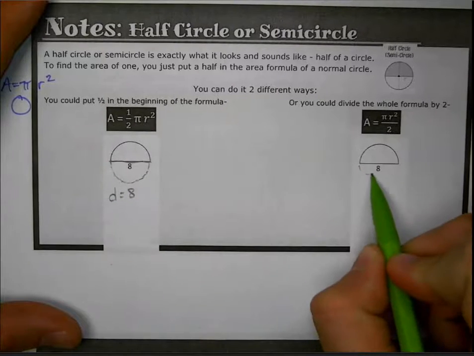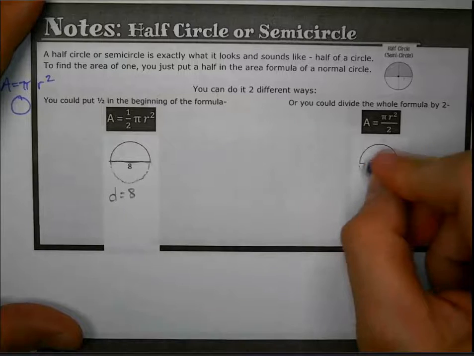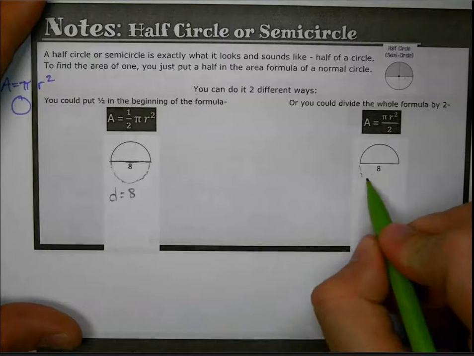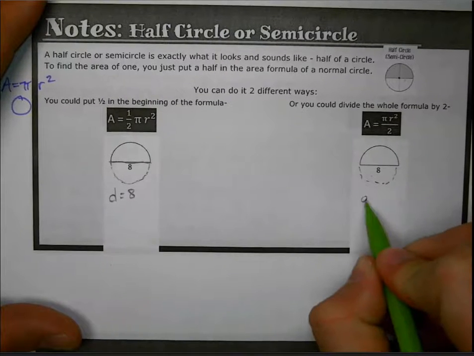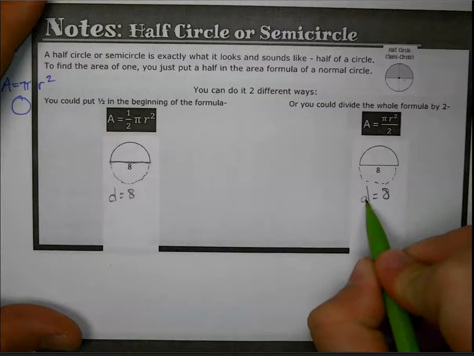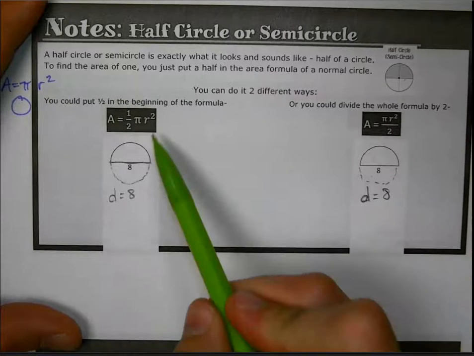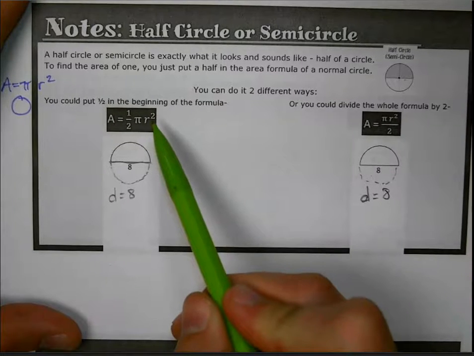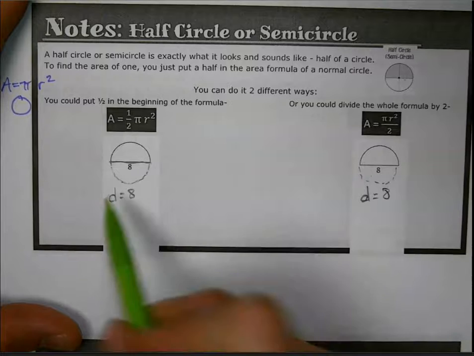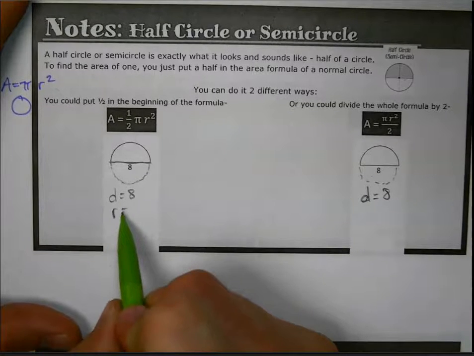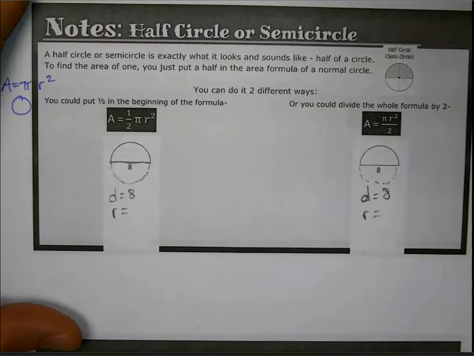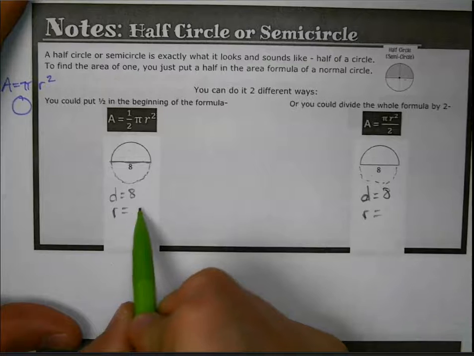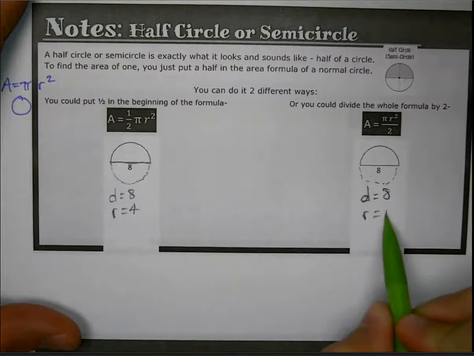On this one, it's the same thing. The diameter is 8. Remember, for these formulas we don't need the diameter, we need the radius. If you know the diameter, you can find the radius very easily. It's always half of the diameter, so your radius is 4.